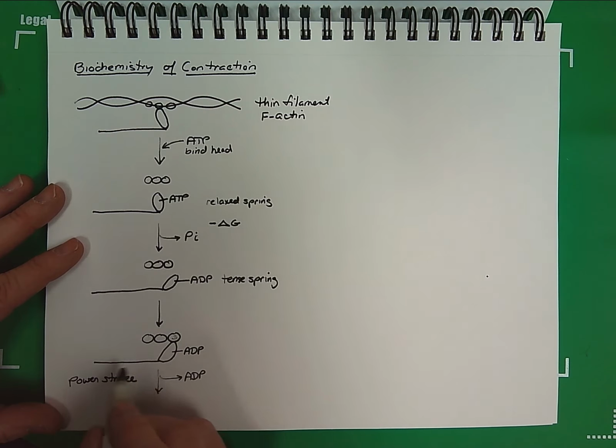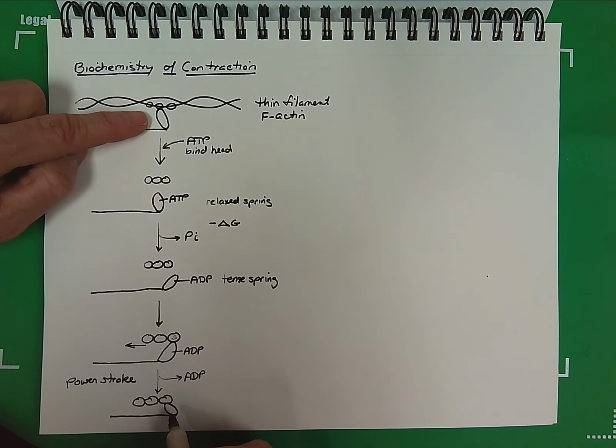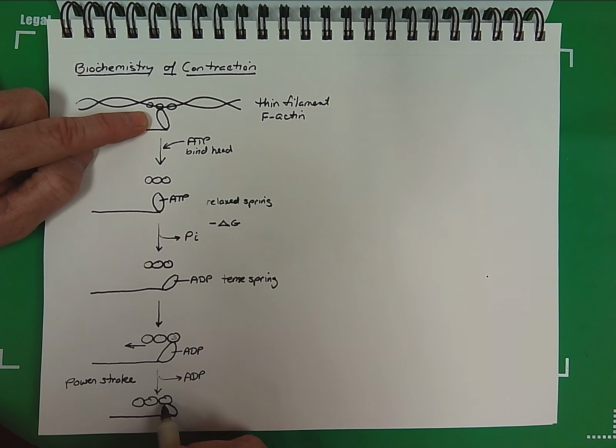And the releasing of this energy is going to be done in the form of work. The filament will now be pulled. And the actin head will remain bound, but return to the same position it started, except it's now moved one actin subunit down.